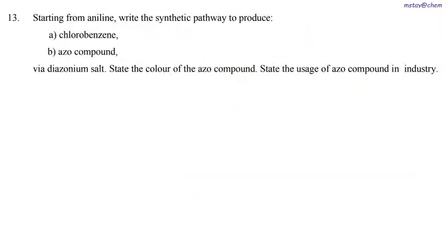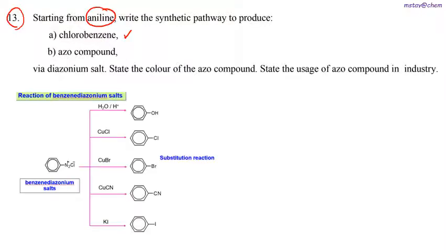Okay, the last question that we're going to discuss in this video is tutorial question 13. We need to start from the aniline and write the synthetic pathway to produce chlorobenzene. You can refer to the notes here. When we have the aniline, it reacts with the nitrous acid, NaNO2, HCl, at 0 to 5 degrees Celsius, and forms the benzene diazonium salt.